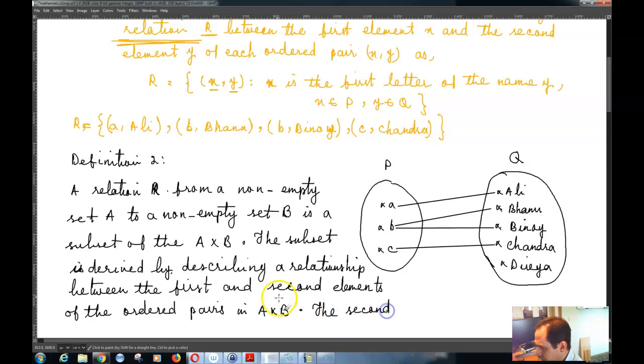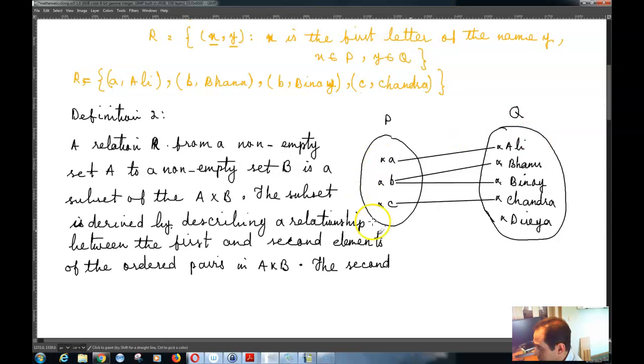So we are already getting very close to the idea of a function.